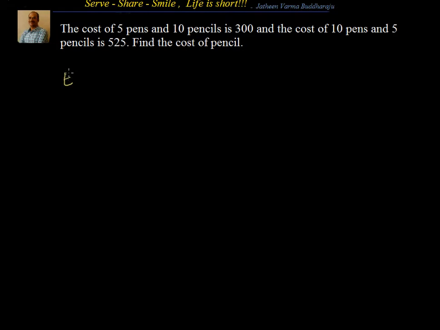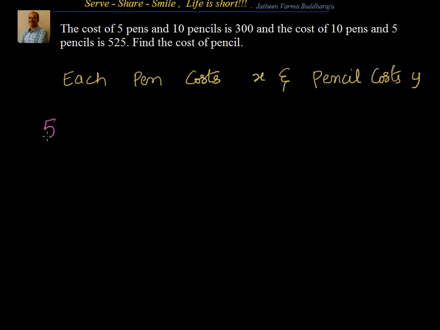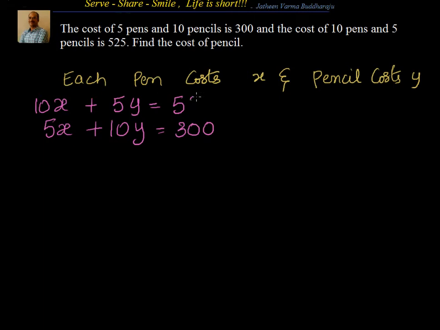Let us say each pen costs X and each pencil costs Y. Now, 5 pens and 10 pencils, so can I say 5x plus 10y is equal to 300. Similarly, 10 pens and 5 pencils, so can I say 10x plus 5y is equal to 525.